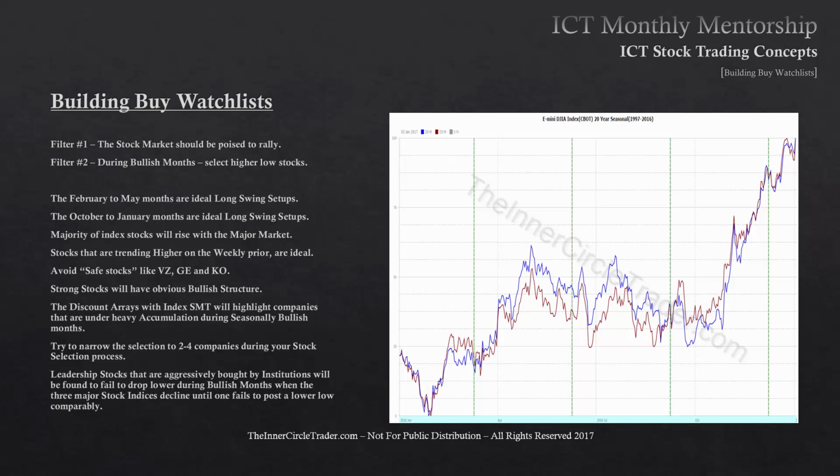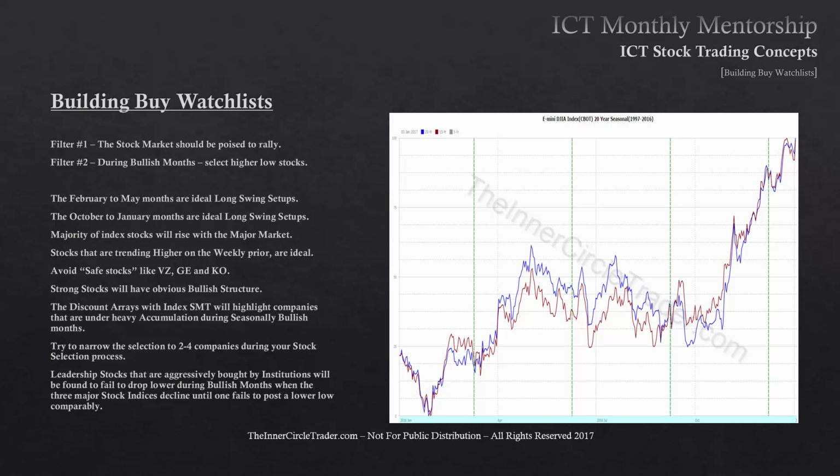Now, the majority of index stocks generally rise when the market itself, or the major market, rallies or moves higher. In high tide, all boats rise, basically the analogy there. So stocks that are trending higher on the weekly prior to our condition of looking to be a buyer are going to be ideal scenarios.